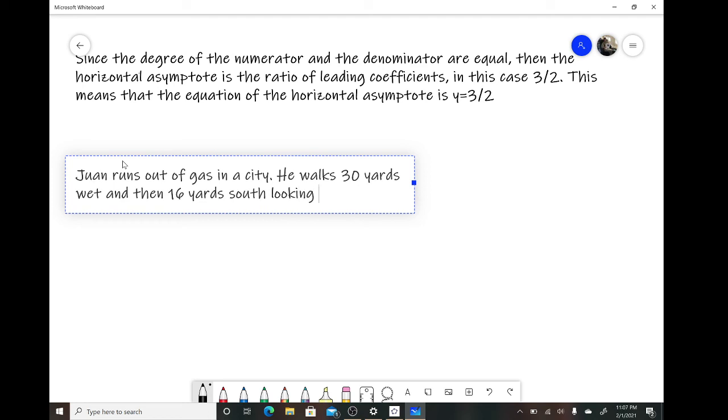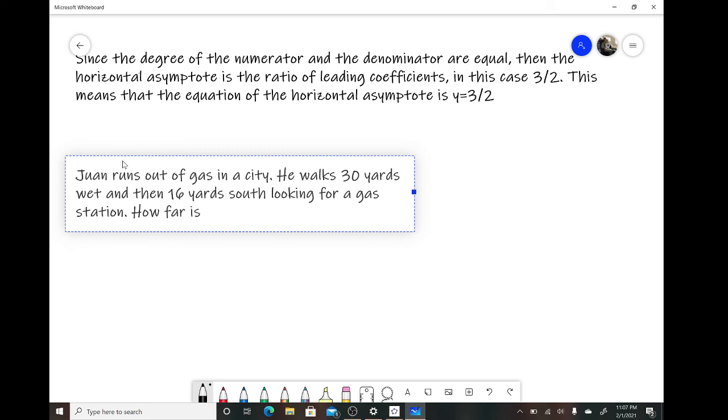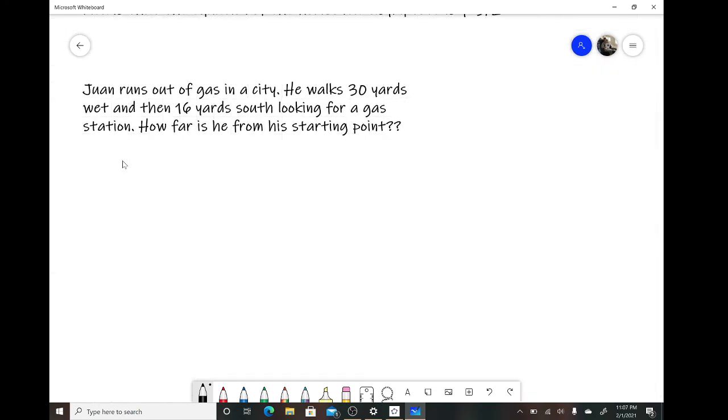He wasn't looking too far because 30 yards is not much, but you know, looking for a gas station. Now the question is, how far is he from his starting point? Okay, so we have that one walks 30 yards west.